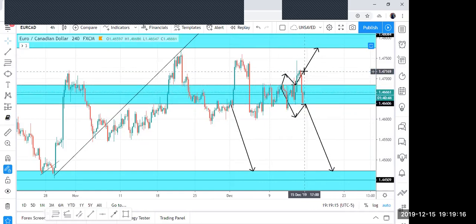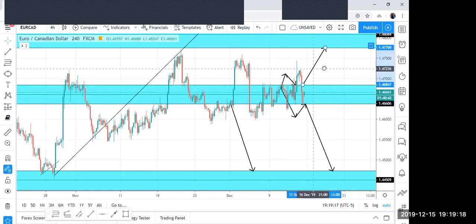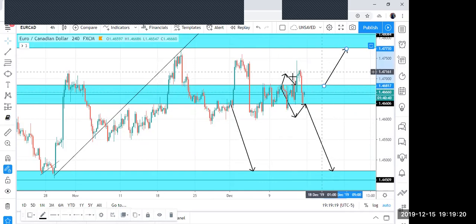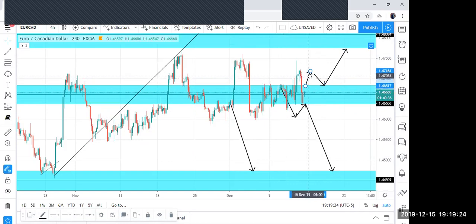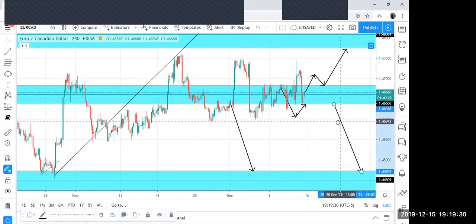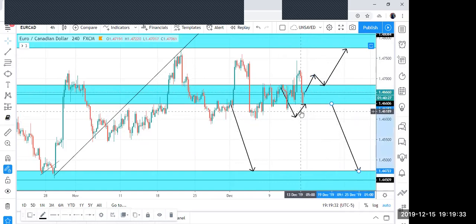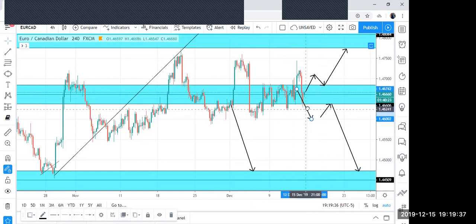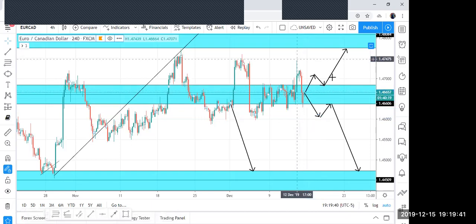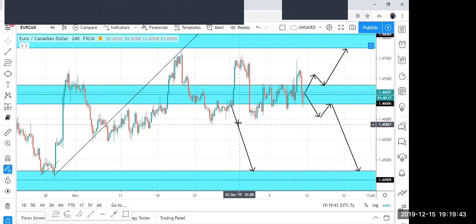So I still need price to break out and retest. I'm still waiting on that with ECAD.